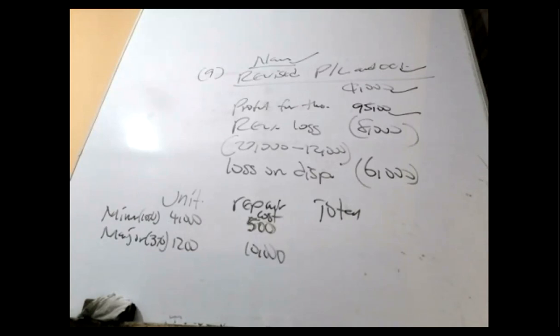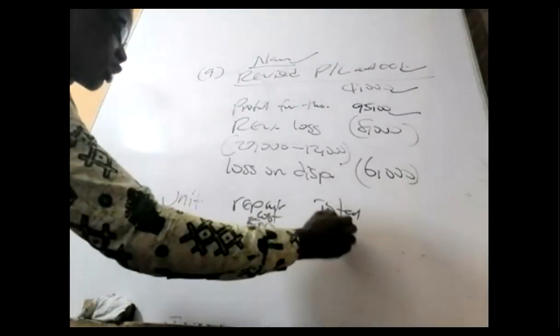Okay, so that should give us 20. So finally, we have 200 millions.